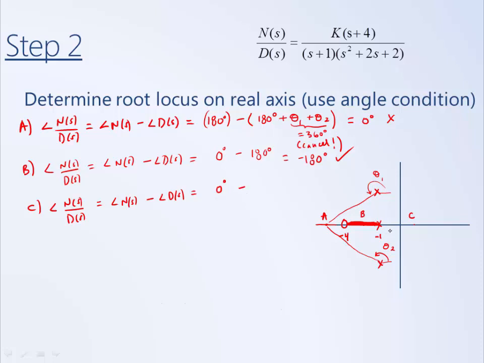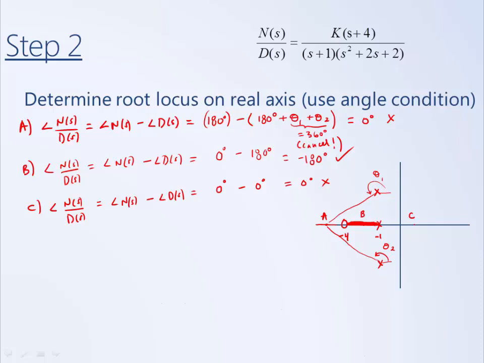If we draw a vector from the open loop pole, it's in the same direction, so it's also 0 degrees. 0 minus 0 is 0, which does not satisfy the angle condition, where we need it to equal negative 180 plus or minus a multiple of 360.